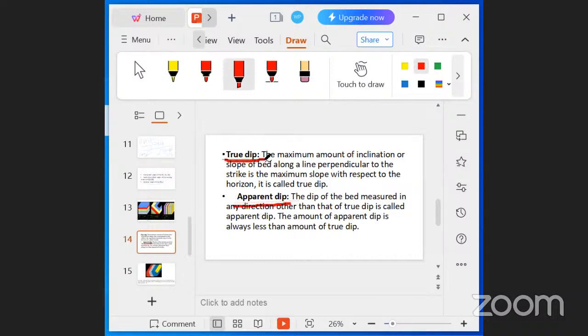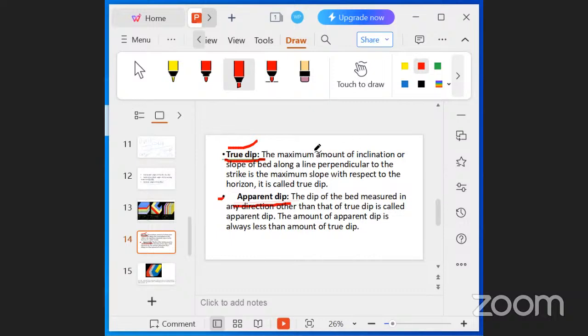So dip can be of two types: true dip and apparent dip. Remember this, strike and dip. In the dip, true and apparent dips are the two types.